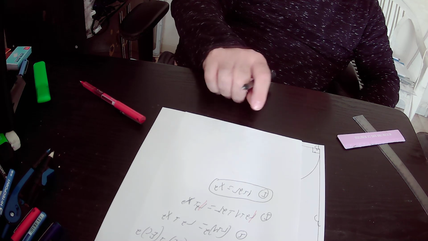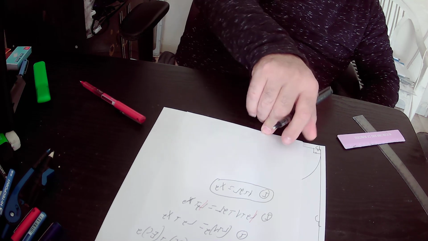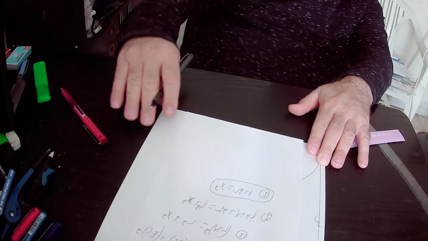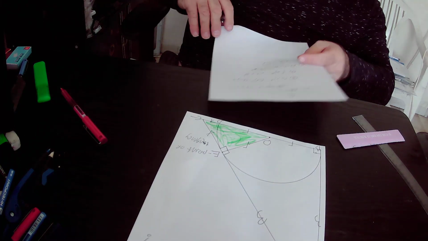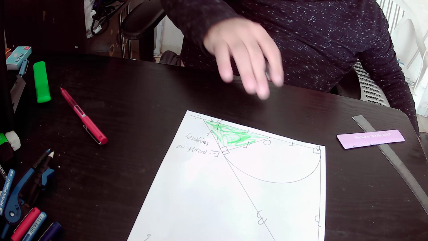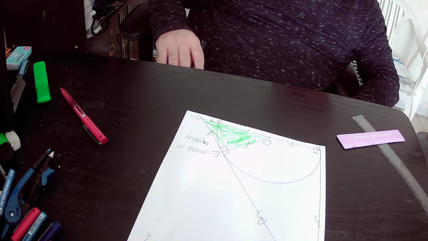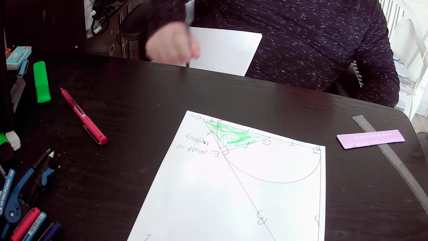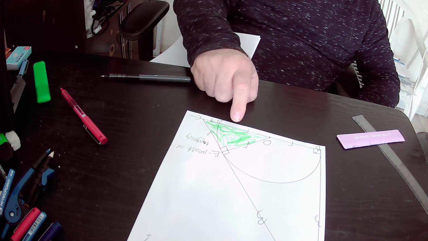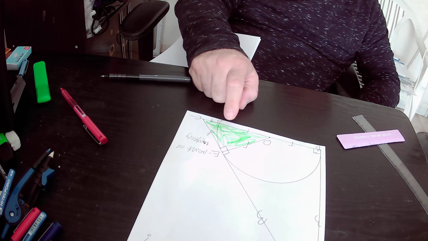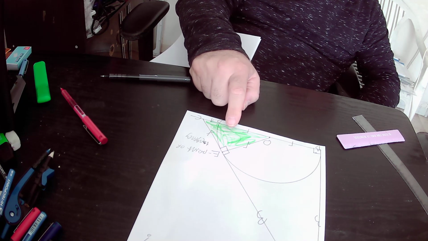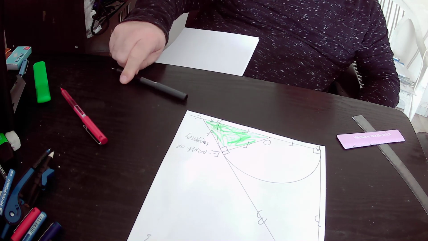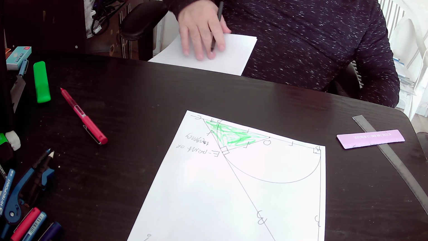In the next step we will focus on the right triangle, the big right triangle ABC, and we will also focus on the small green right triangle OEC.